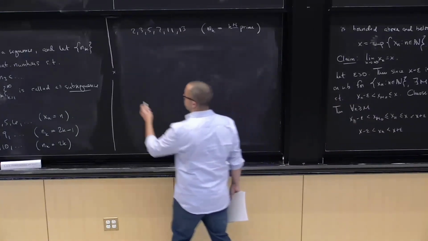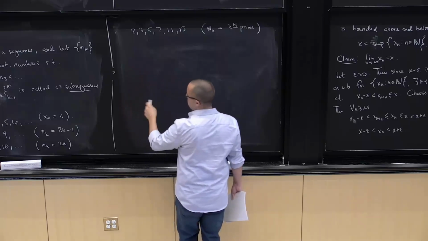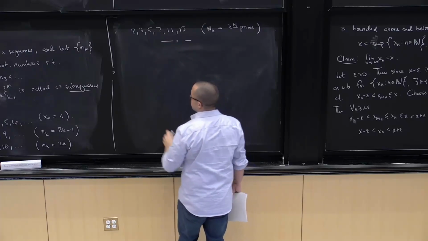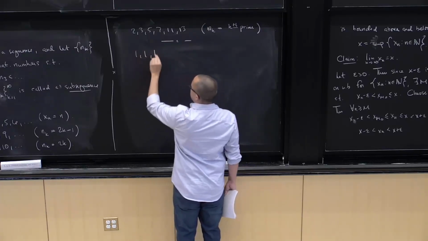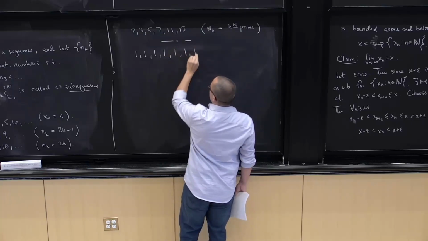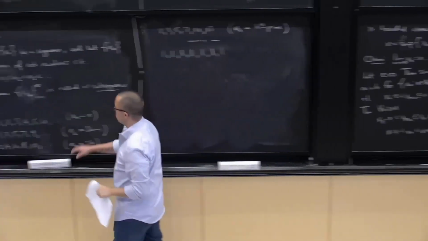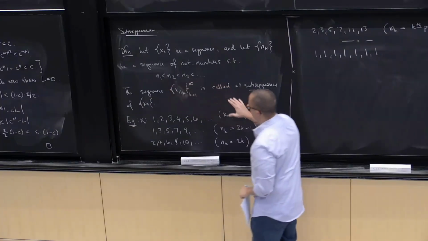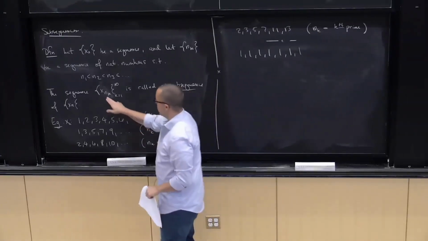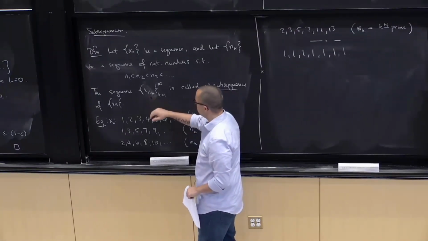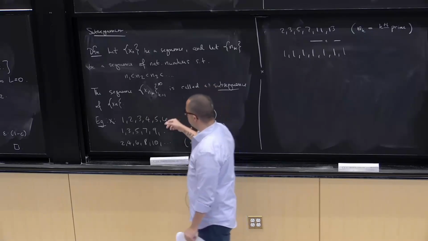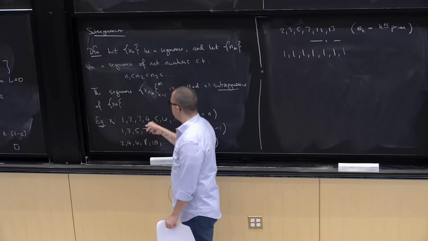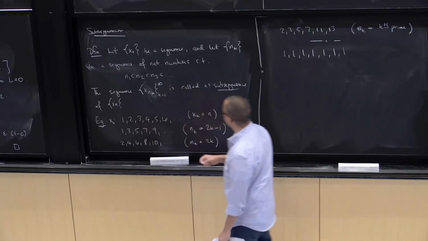Now, what would not be an example? So these are examples of subsequences. Not examples of subsequences would be, for example, the sequence 1, 1, 1, 1, 1. This is not a subsequence of this original sequence, okay? Remember, I have a sequence of natural numbers which is increasing, and x sub n sub k means that this new sequence is obtained from the old one by picking an entry, moving to the right, picking the next entry, moving to the right, and picking the next entry.